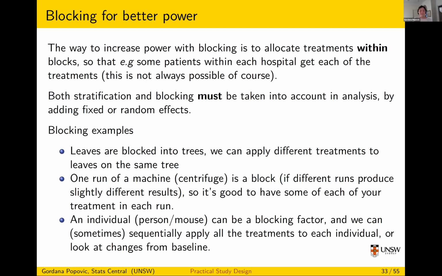We can sequentially apply all the treatments to each individual. Sometimes that's possible, other times it's not. Or a person can be their own blocking factor by looking at change from baseline. So you might take 2 measurements of each person, one before treatment, one after treatment. And then by looking at the changes from baseline, we get rid of a lot of the between person variation. Okay, so these are some ways to block for better power.